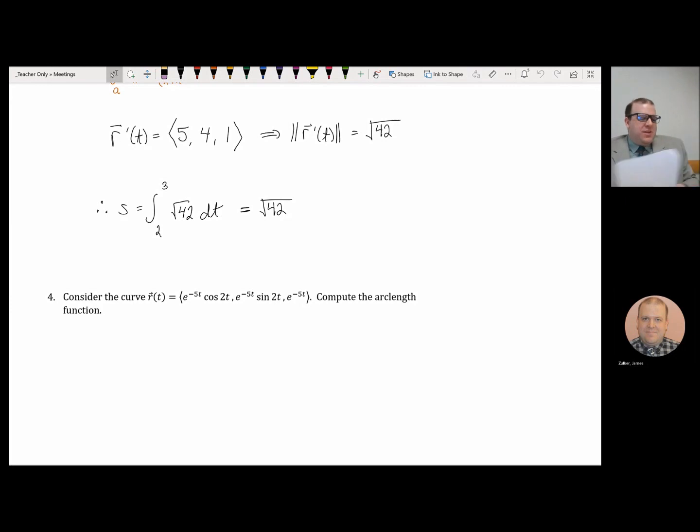And so we're given this curve, we want to compute the arc length function. Notice we just want the function, and we're not asked for the parameterization.